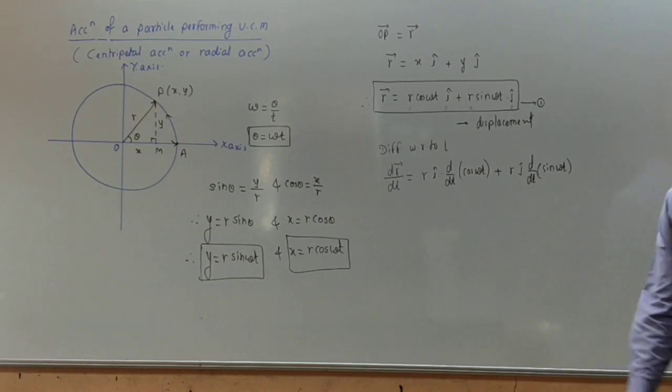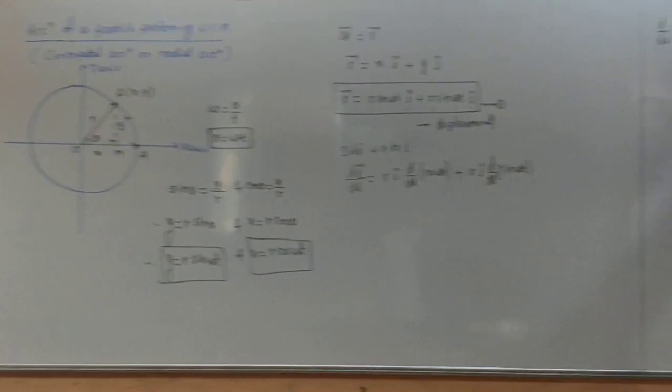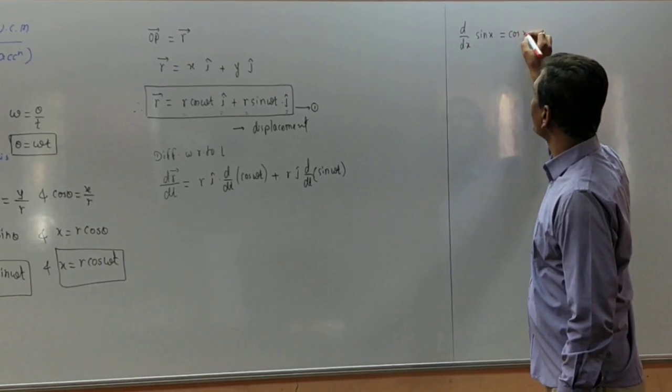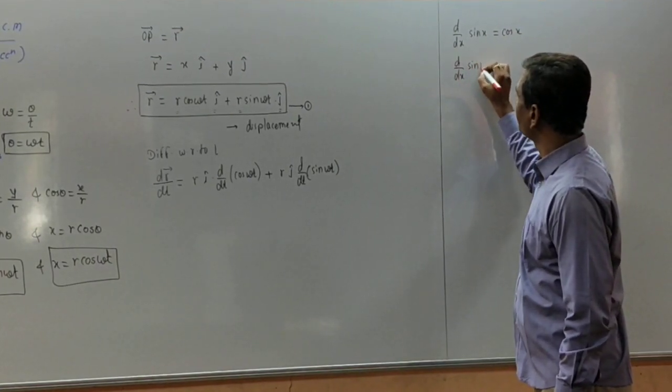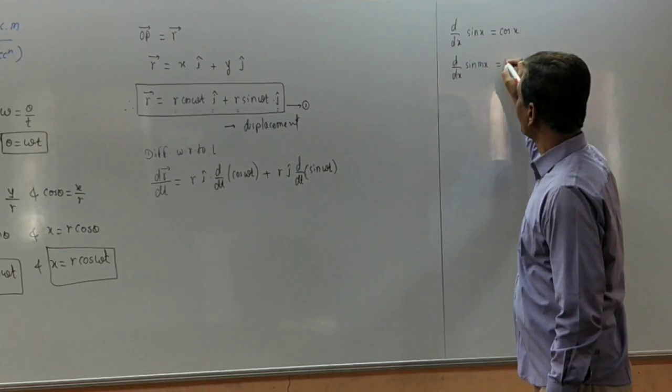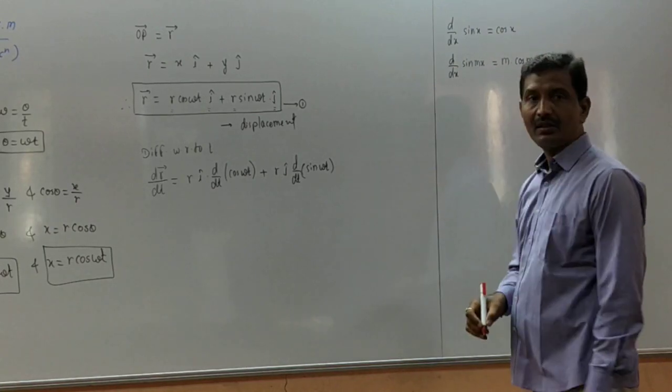Now use the formula of the derivative of sin omega t and cos omega t. You are familiar with this formula. The derivative of the function sin x with respect to x is cos x. But if you take the derivative of sin mx with respect to x, then it is m into cos mx.